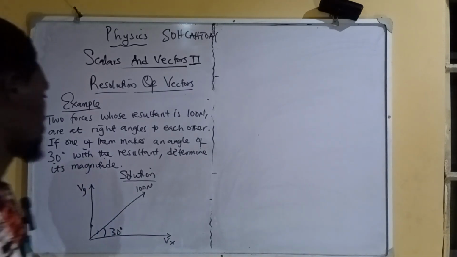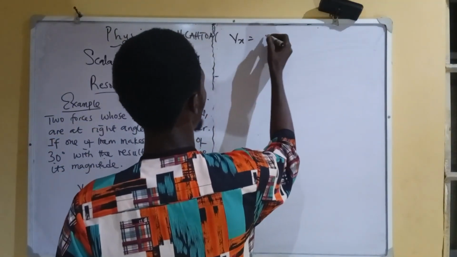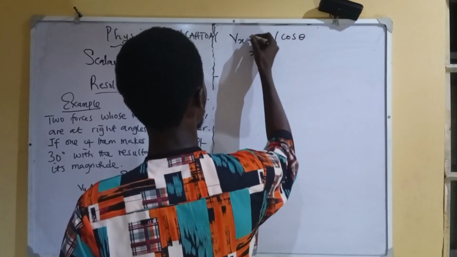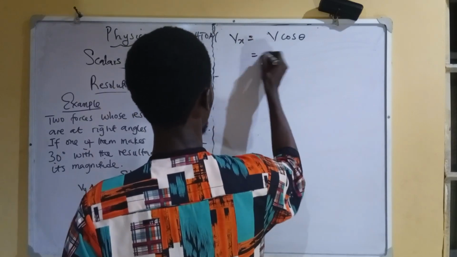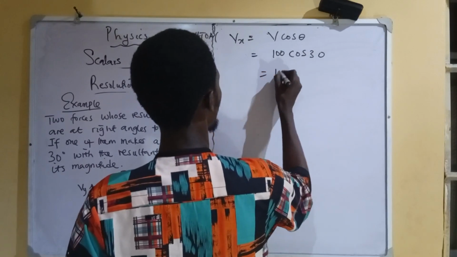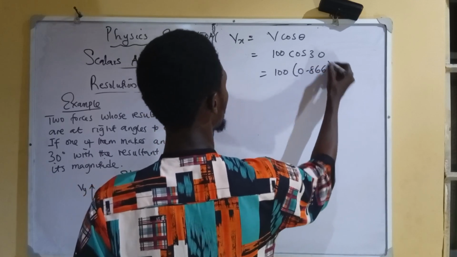So what we are going to do now, we will say the horizontal component is always equal to the vector times cos theta. So we are going to have 100 cos 30, and cos 30 is 0.866.